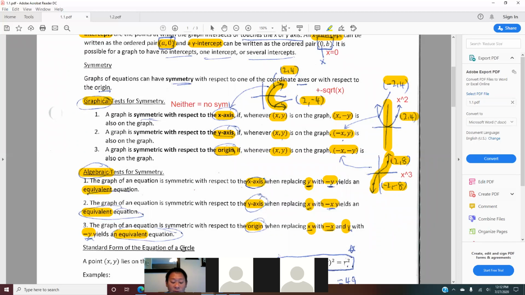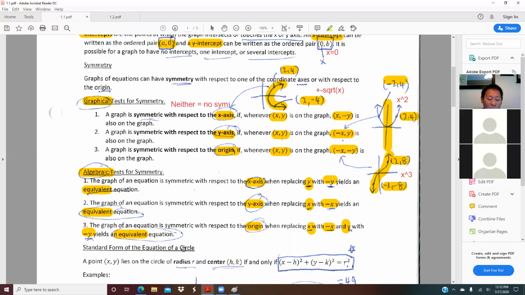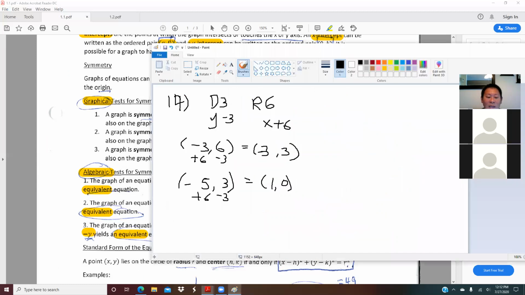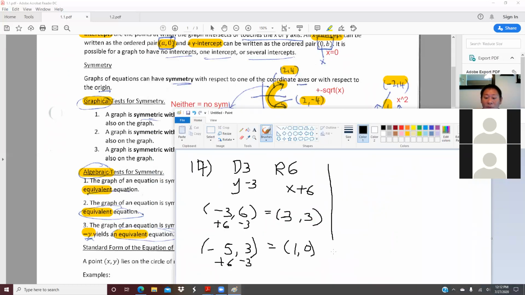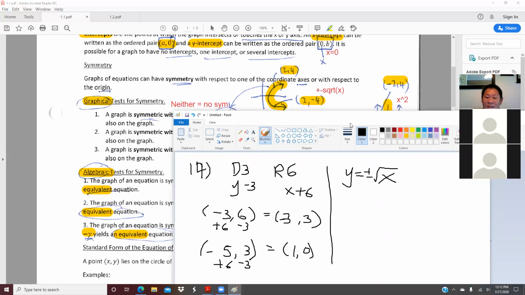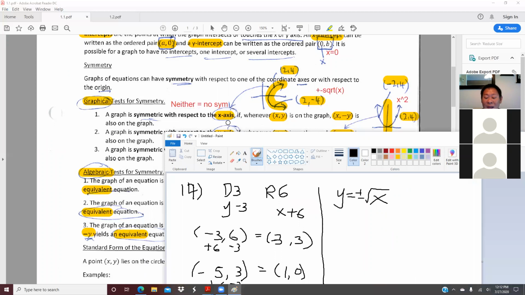A lot of students were asking me what that means. So for example, if you have y equals plus or minus the square root of x, and you want to figure out what symmetry it has, we know this is symmetric with respect to the x-axis.